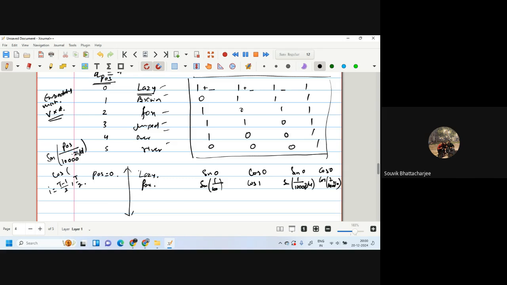So basically positions are the rows, sorry, the columns, and the i's are the rows, something like that. So lazy is at position zero. Now this will be position equal to 1.